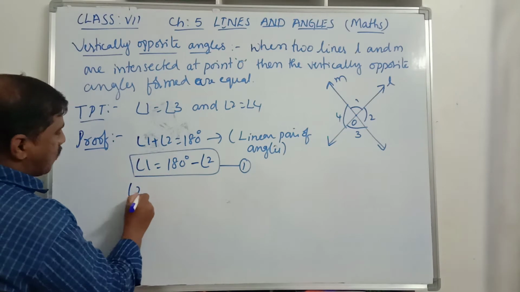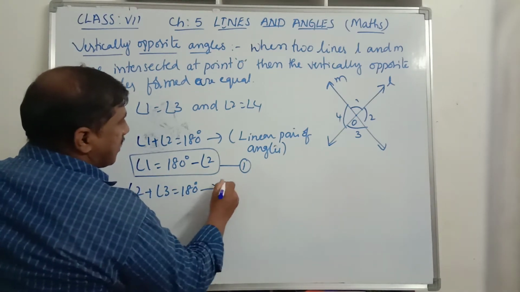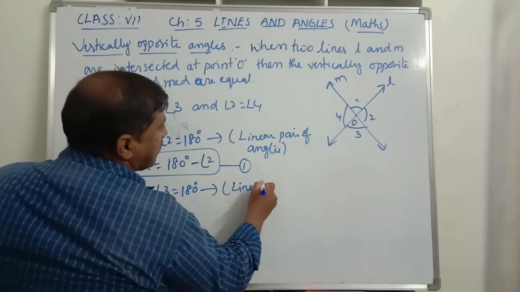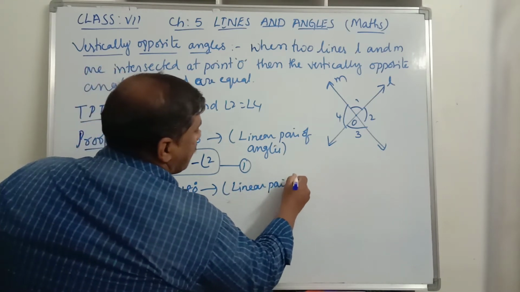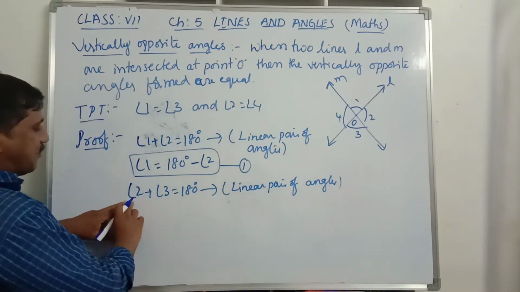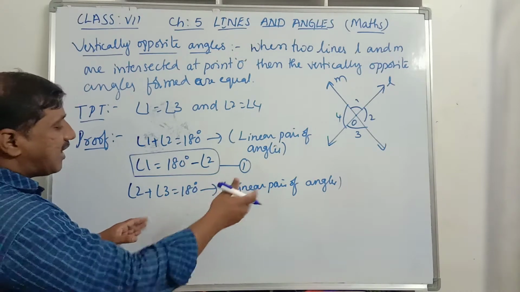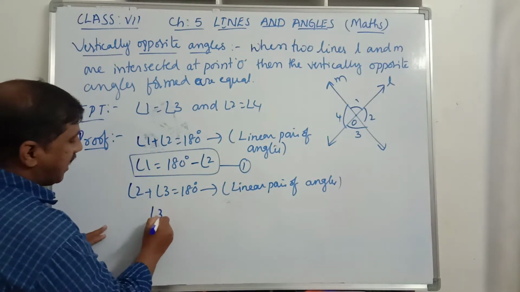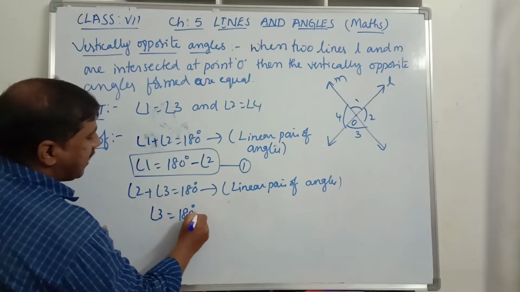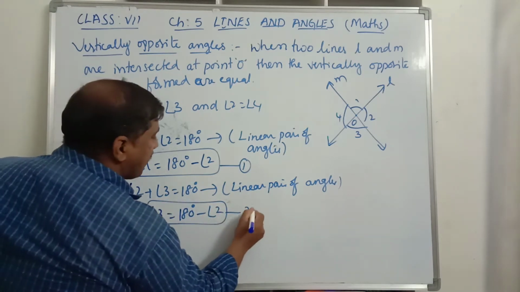That is, angle 2 plus angle 3 is equal to 180 degrees. By transposing angle 2 to the RHS, angle 3 is equal to 180 degrees minus angle 2. This is equation 2.